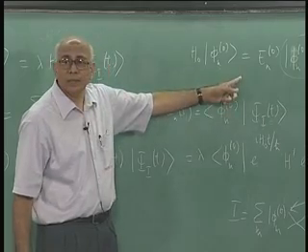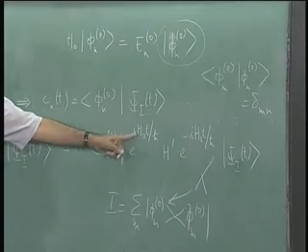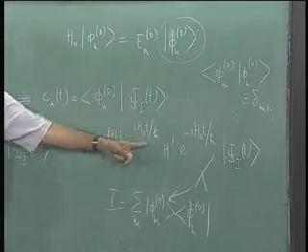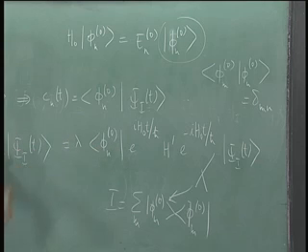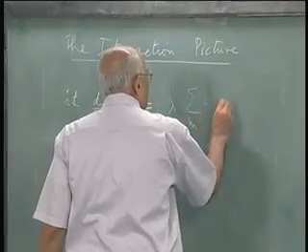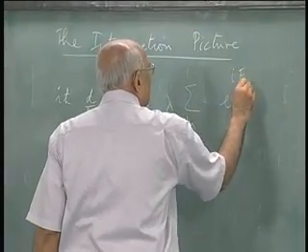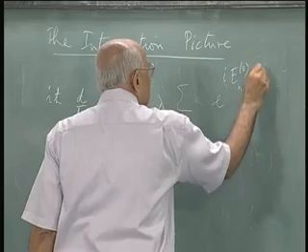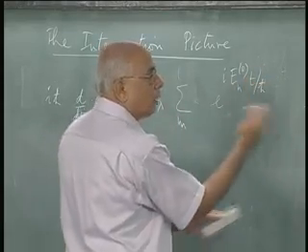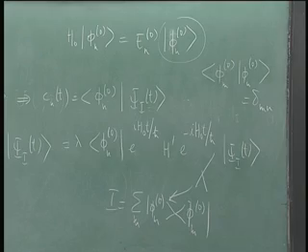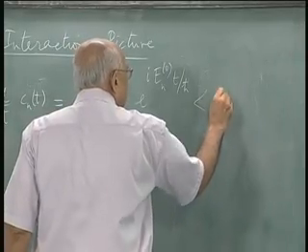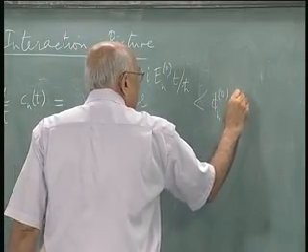Well, we know that it is just e to the power i E_n^0 t over h-cross, that comes out as a factor outside. So the first term is e to the power i E_n^0 t over h-cross, that comes out as a factor, but what remains inside is phi_n^0 and then an H prime.